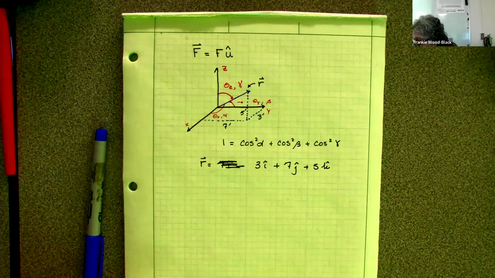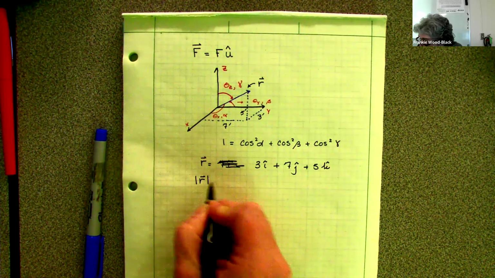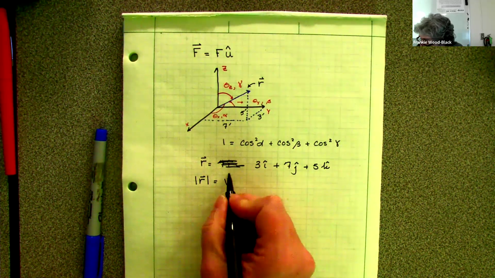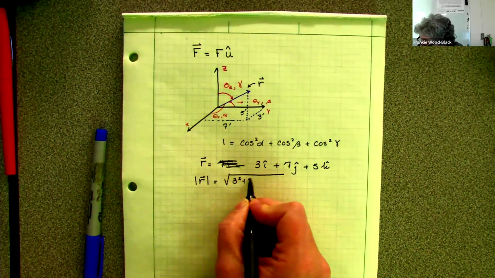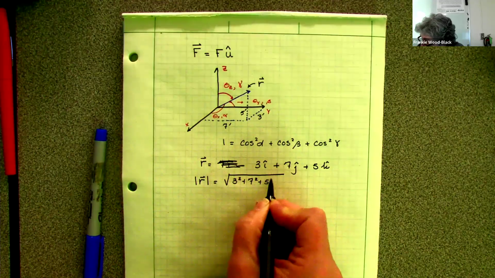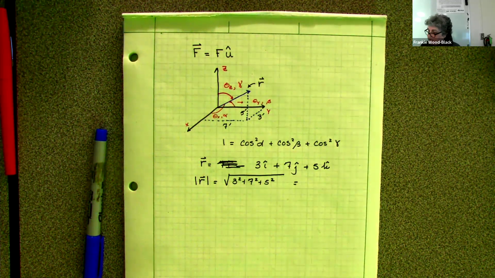So if we look at the magnitude of R, it's going to be the square root of 3 squared plus 7 squared plus 5 squared. I'm making up numbers, so this is going to be a challenge.